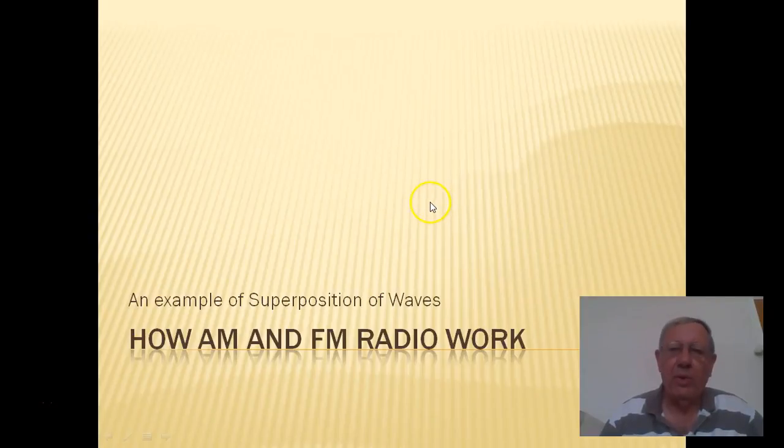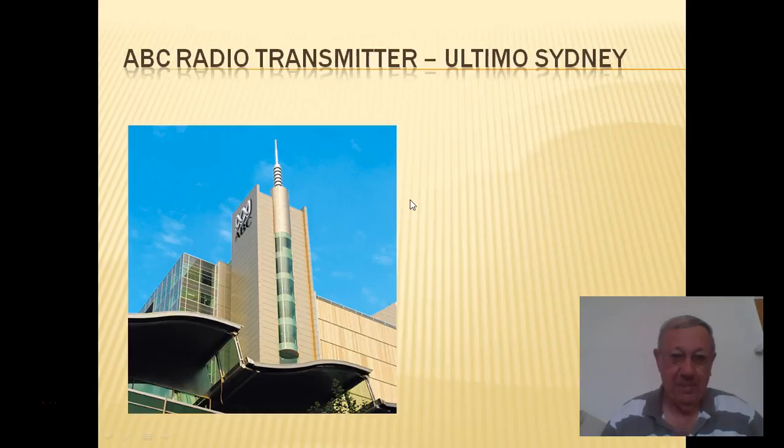In this video, I want to give you a bit of an introduction into how AM and FM radio work. You might be familiar with the radio transmitter that's in Ultimo in Sydney, and this broadcasts a lot of radio waves which come from the ABC, the Australian Broadcasting Commission.